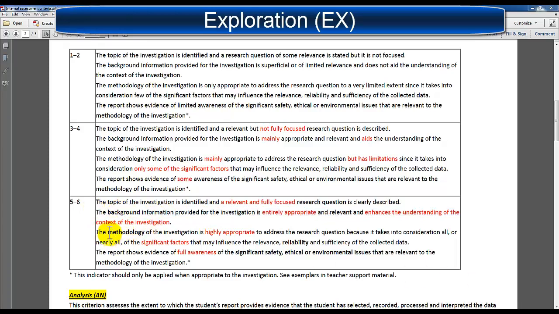Next is about the methodology: highly appropriate versus mainly appropriate, and it has considered all or nearly all of the significant factors which may influence the relevance, reliability and sufficiency of the collected data. So you can see for the middle band, it said only some of the significant factors.